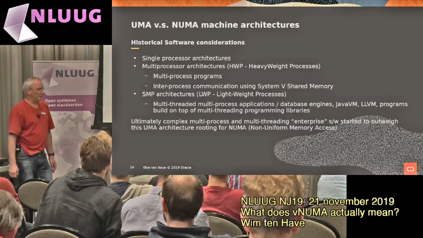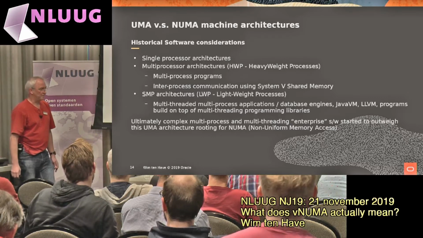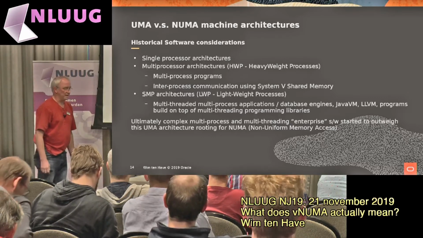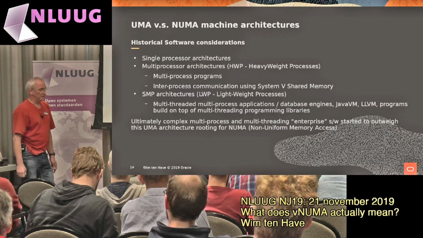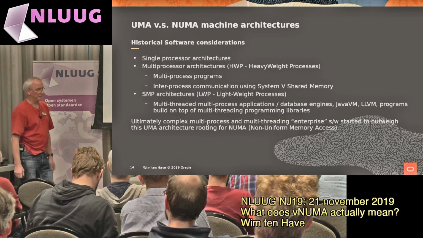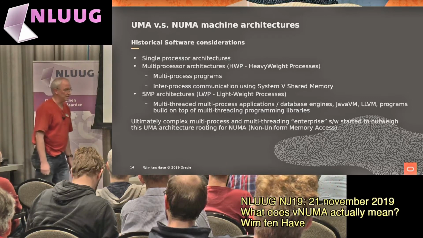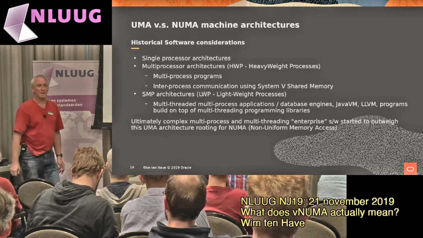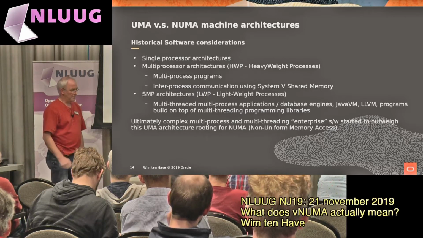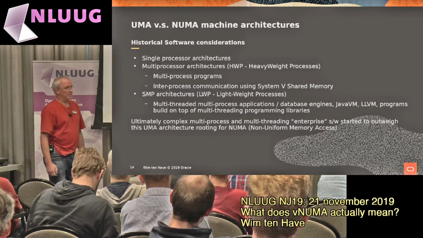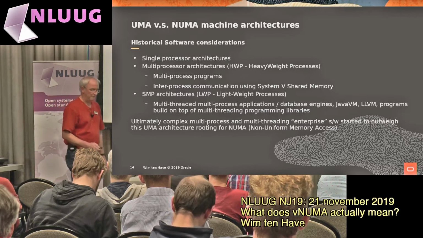Later on, lightweight processors with native threading came around. These are typically used in database engines, Java VMs, low-level virtual machines, and there's a whole set of libraries you can utilize from your programming environment as well. But ultimately, the big programs started to outweigh the UMA architectures, and they were rooting for NUMA.